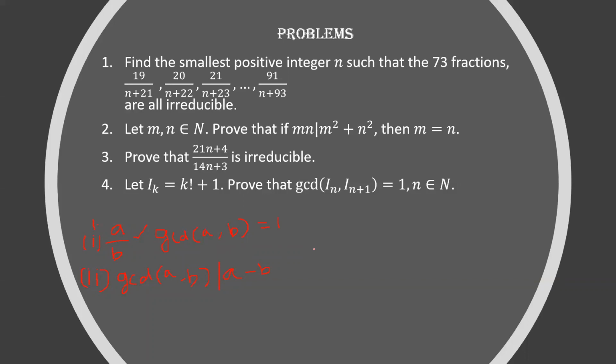The greatest common divisor of A and B divides A minus B. Correct or not?